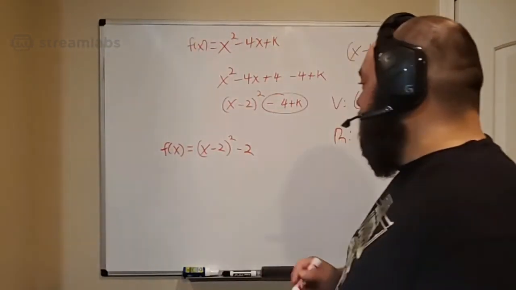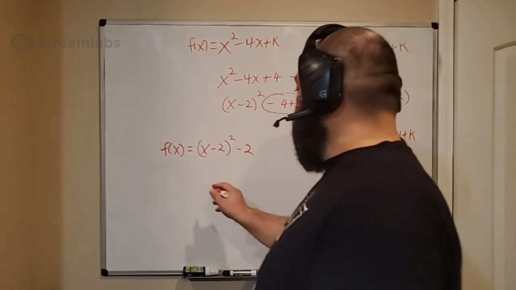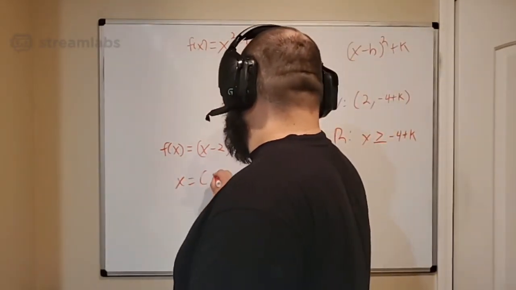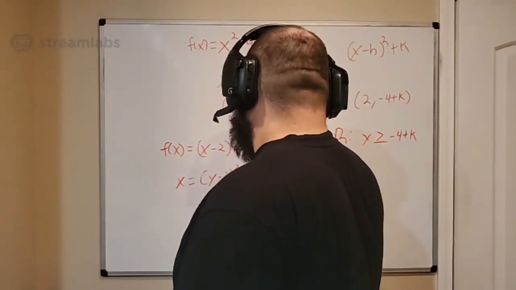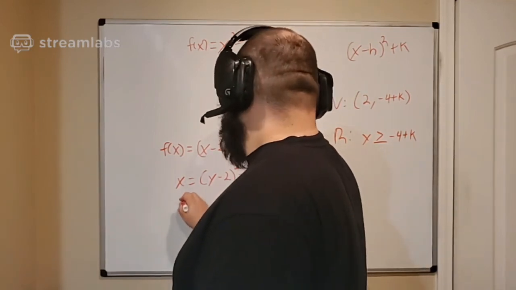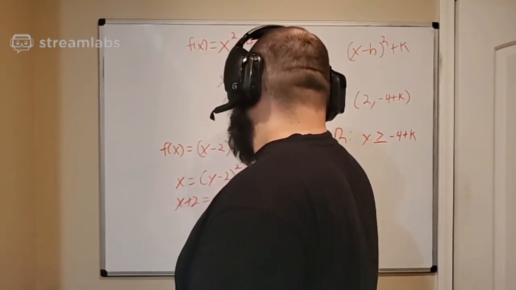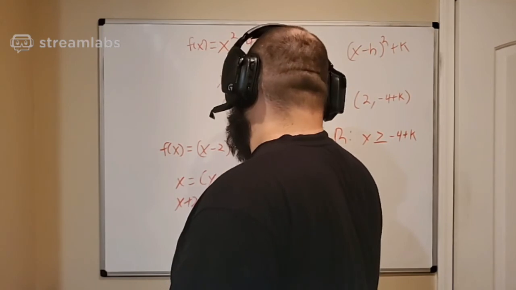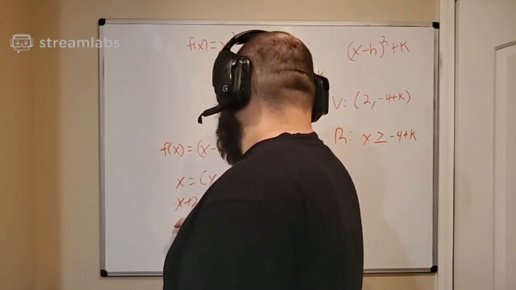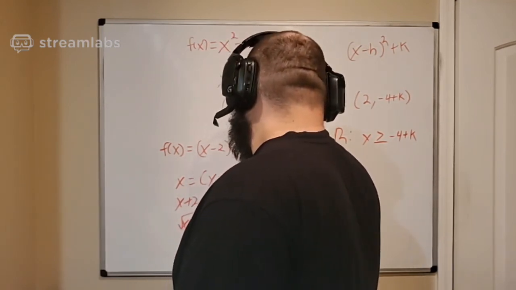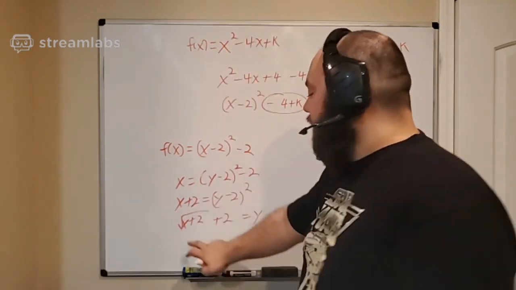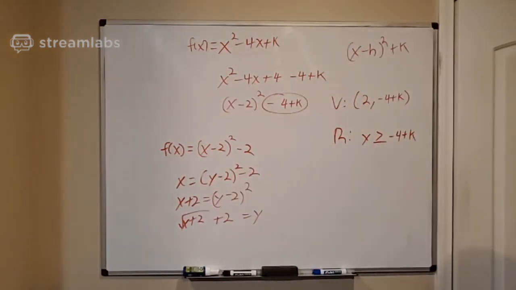So you get x equals y minus 2 squared minus 2. x plus 2 equals y minus 2 squared. x plus 2 plus 2. And then again, the only question we have to ask ourselves when finding our inverse here: do I need the plus version? Do I need the minus version?